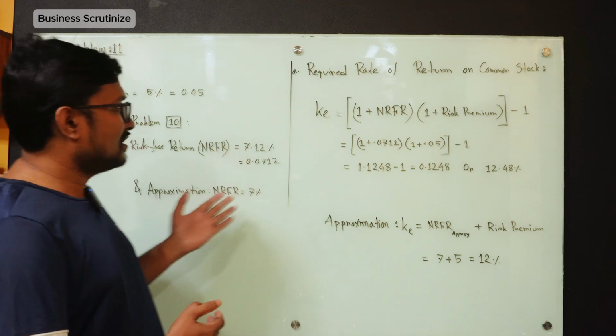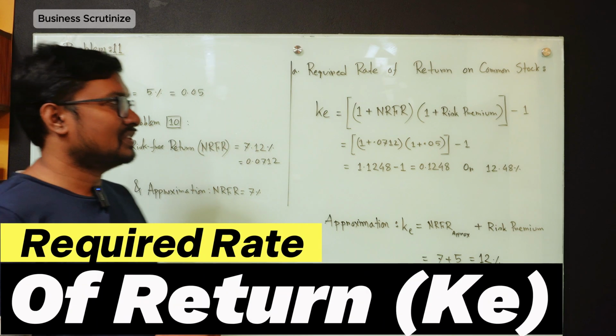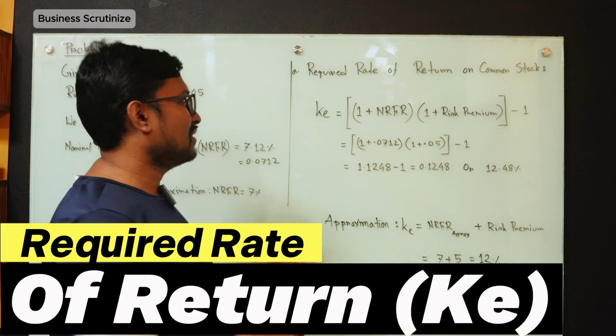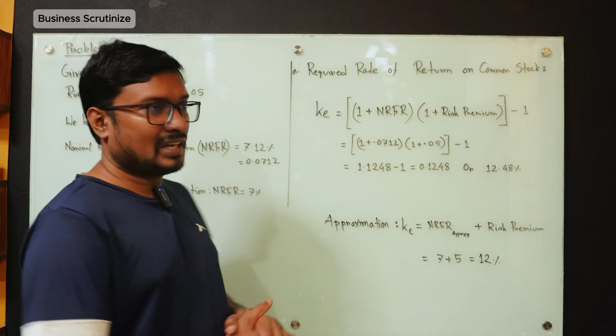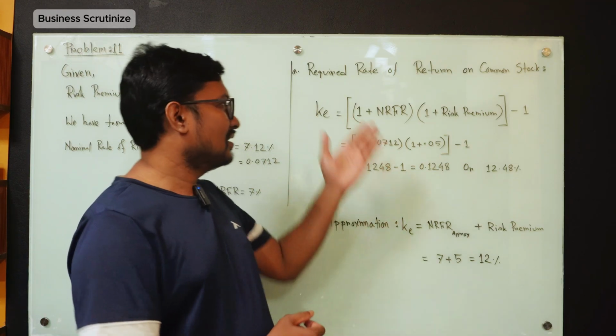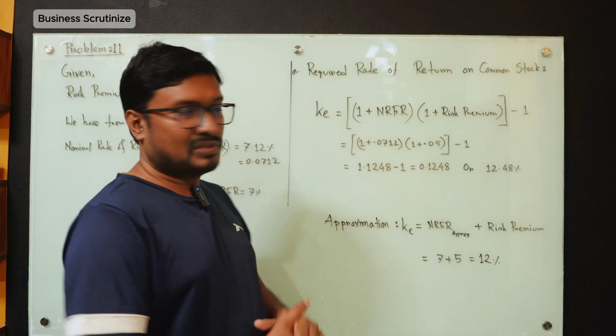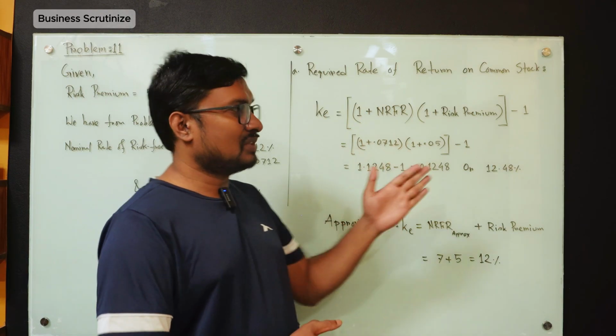We need this data to compute the required rate of return on common stock, which we write as KE. The formula we use here is 1 plus the nominal rate of risk-free return, NRFR, times 1 plus the risk premium, minus 1.